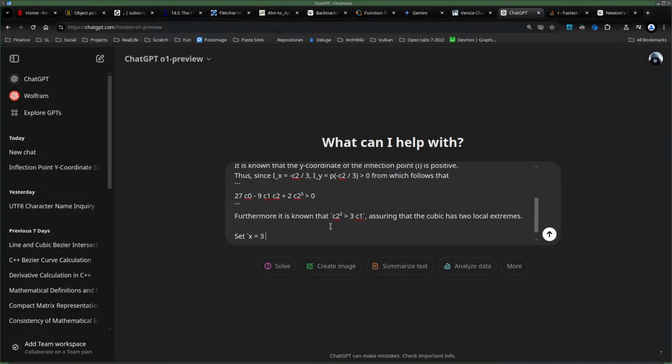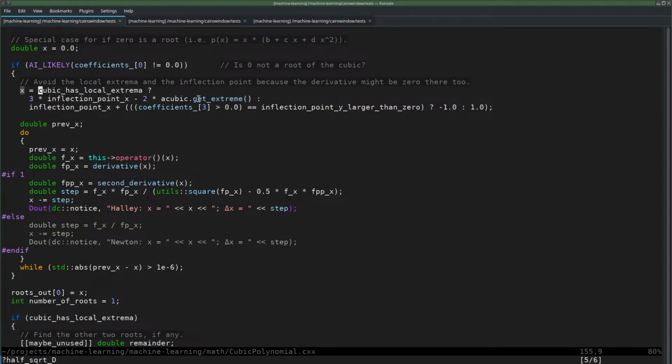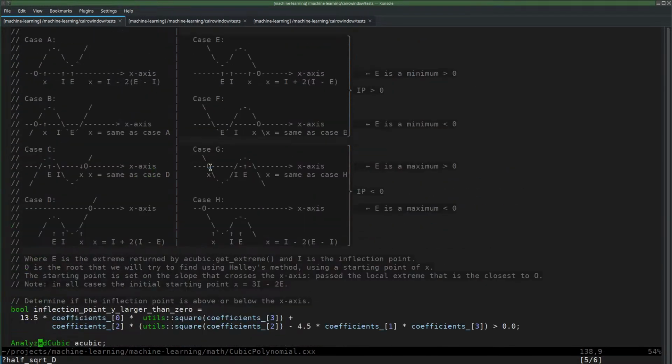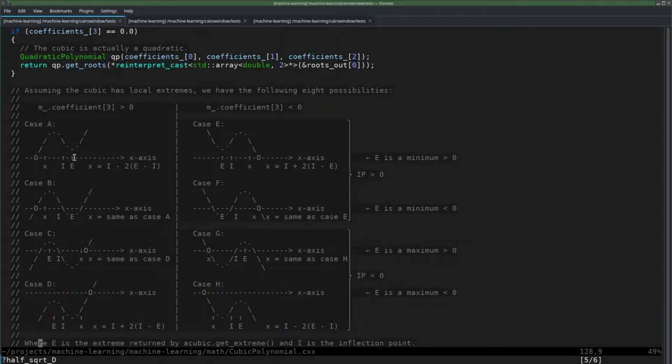Set x is 3 times ix, which I defined before. Minus 2 times the x coordinate of the extreme that belongs here, that is closest to the x-axis. It's the extreme of the minimum.